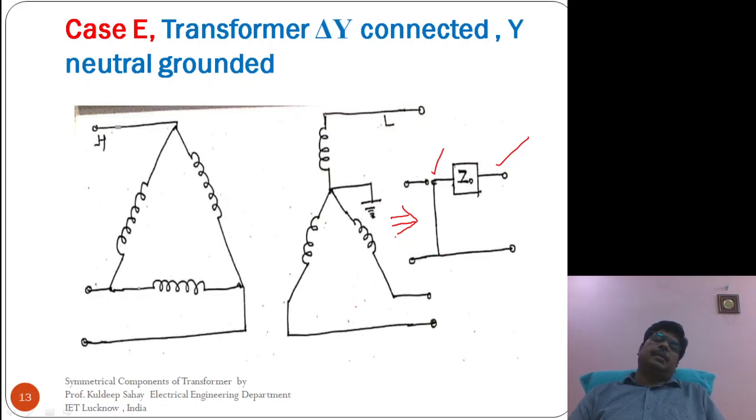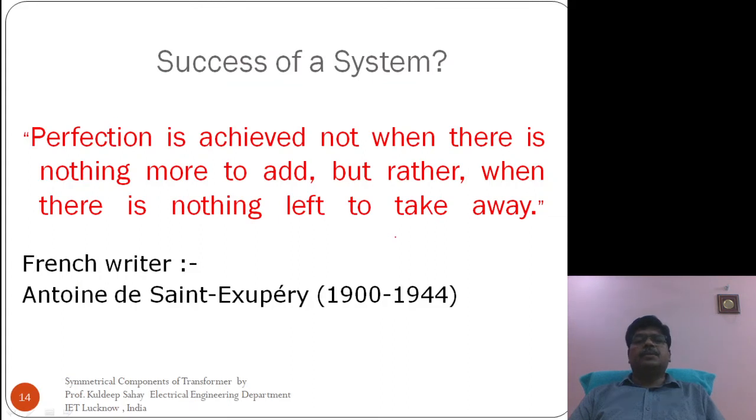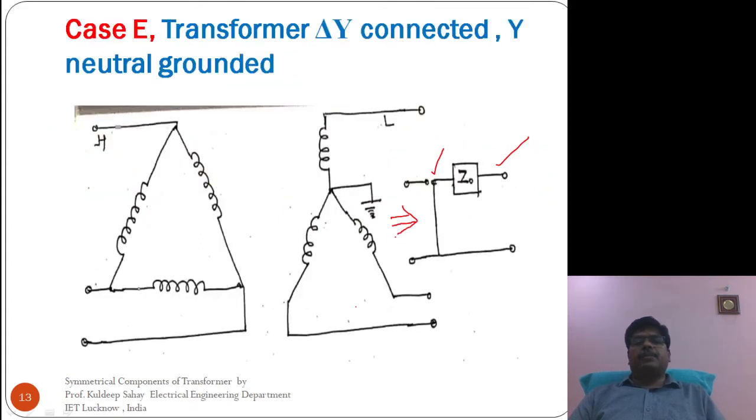Similarly, other different connection sequence networks can be drawn. So what you can conclude here is that for a transformer, since it is a static device, the leakage impedance of the transformer remains the same even if you change the sequence. So the positive sequence impedance will be equal to the negative sequence impedance. That is the first thing. The second thing is that the zero sequence impedance of a transformer will depend upon the terminal connection and terminal condition.